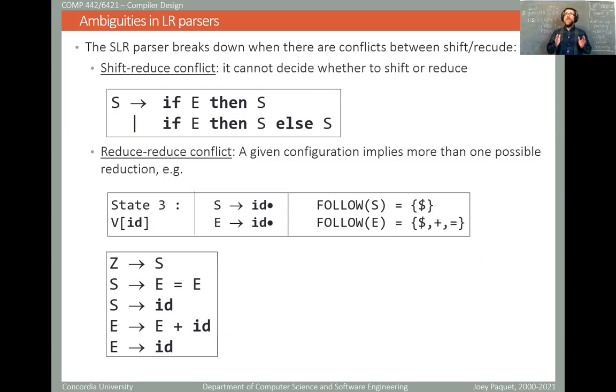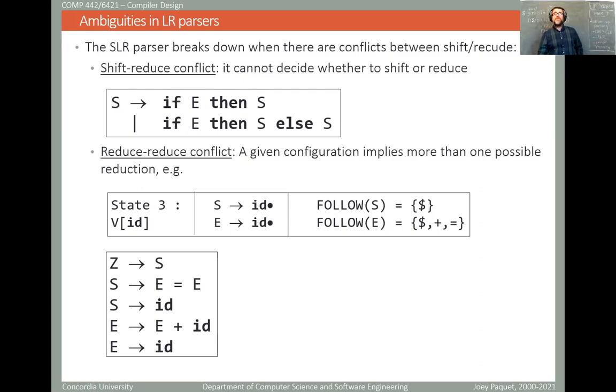So there can be cases where you will not be able to make a decision, or there's going to be an ambiguity or non-determinism in the resulting DFA.